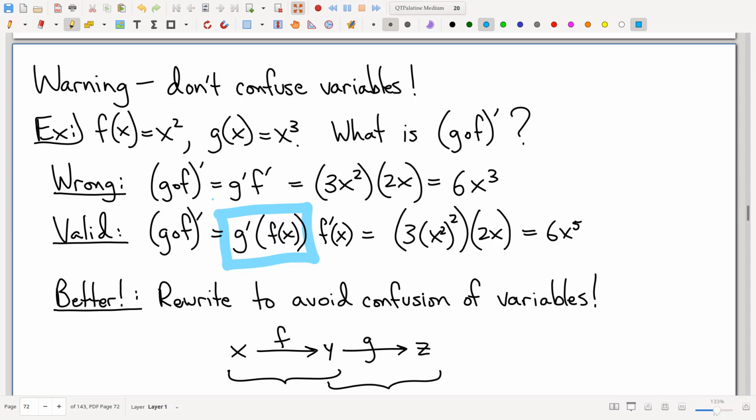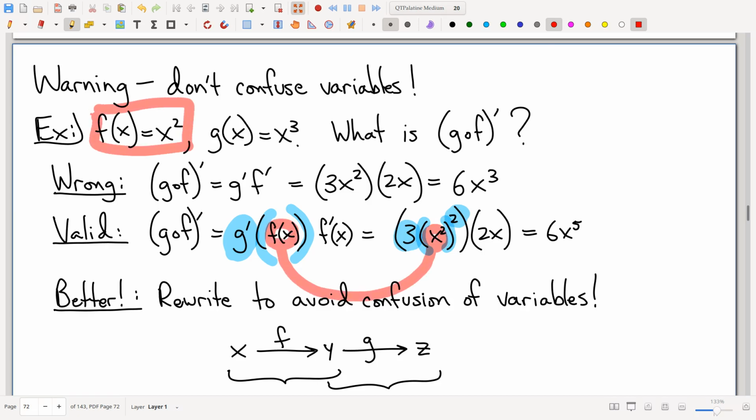Okay, so we're supposed to plug into the derivative, g prime, the derivative of a cube being 3 times the square. What we have to plug into that is, in fact, f of x, not x.